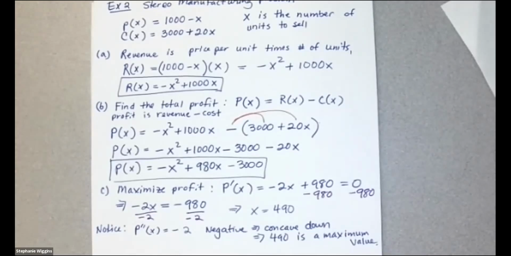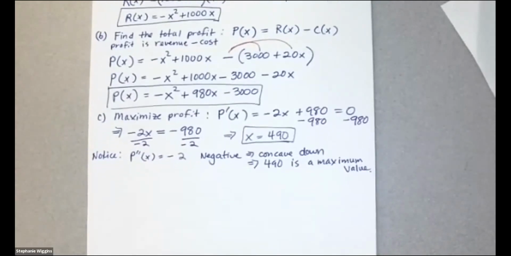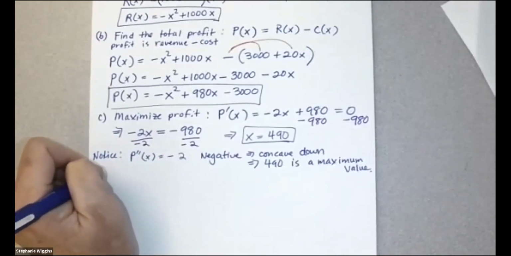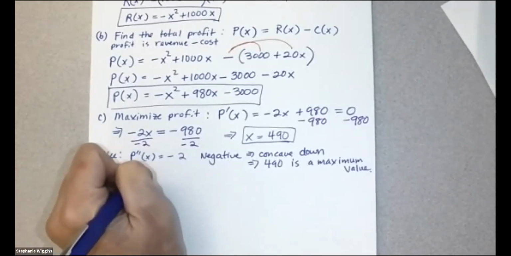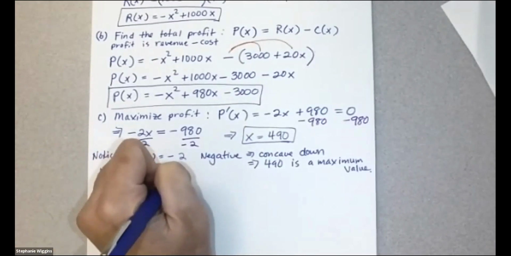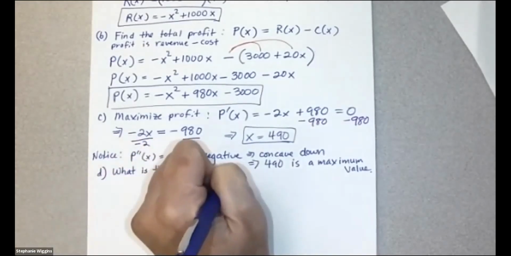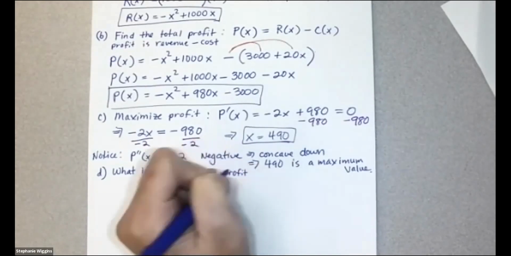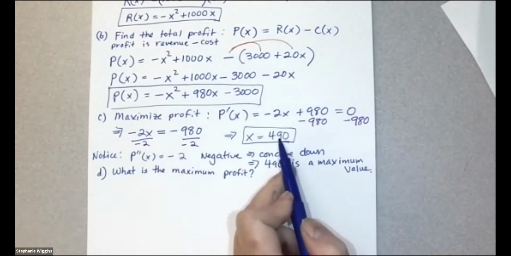All right, so part D says, what is the maximum value of the profit? What is the maximum profit? So this isn't the profit, right? This is how we get the profit.